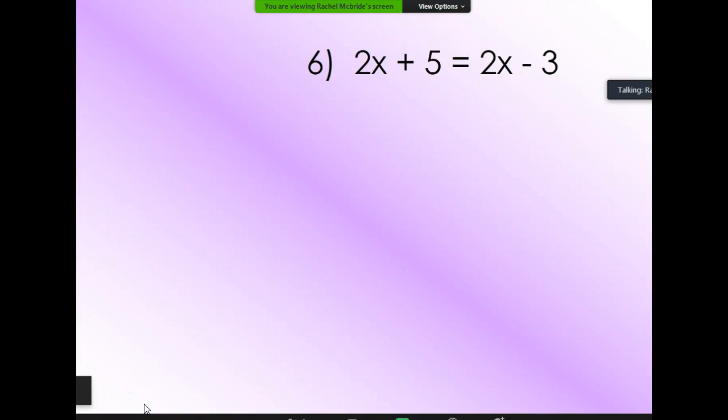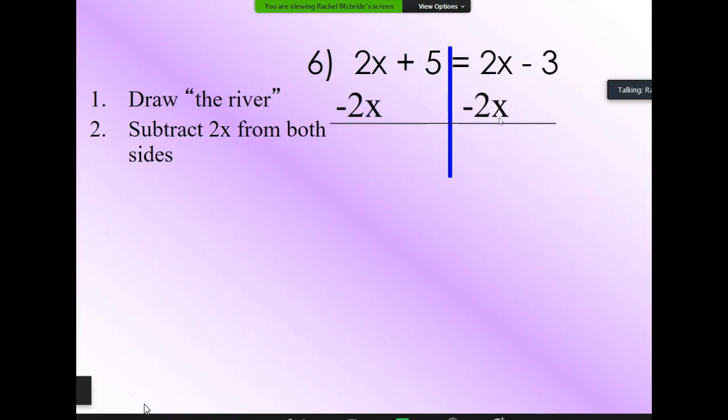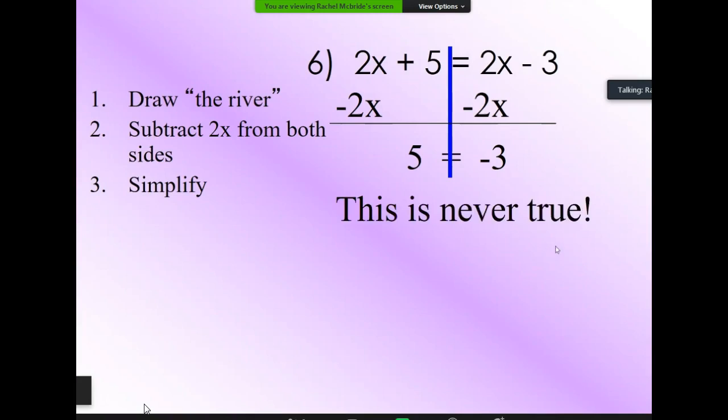It's just that I can't change what's going to pop up. So I subtracted 2x. So then I got 5 equals negative 3. Does 5 ever equal negative 3? No. So this is no solution.